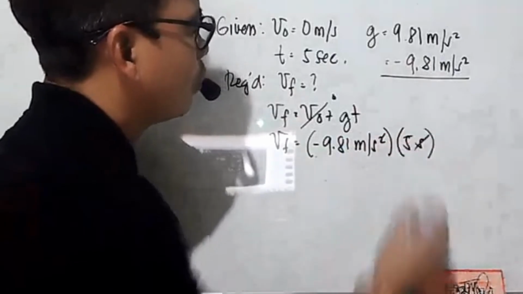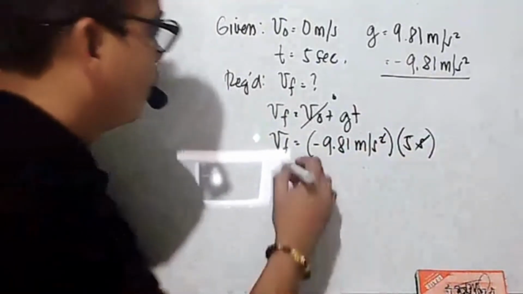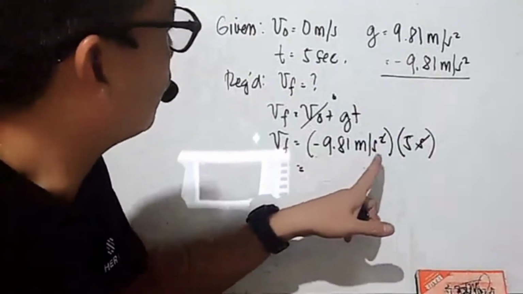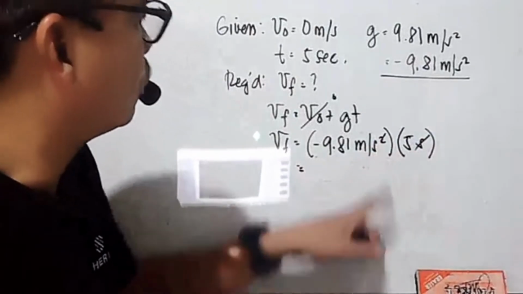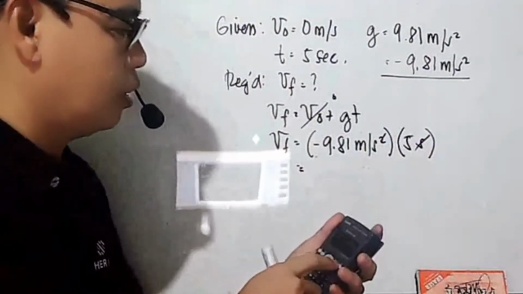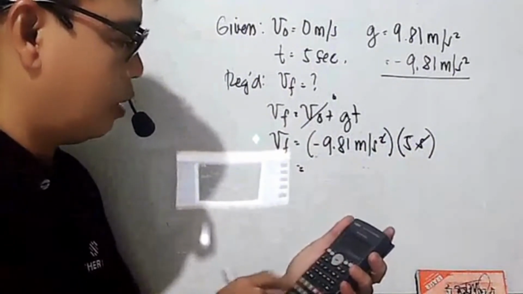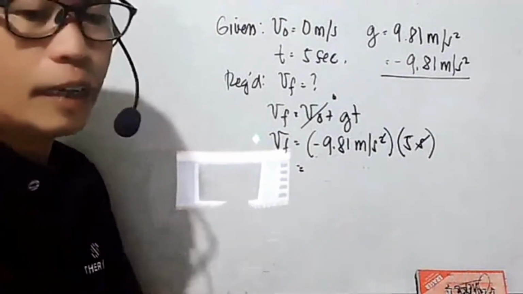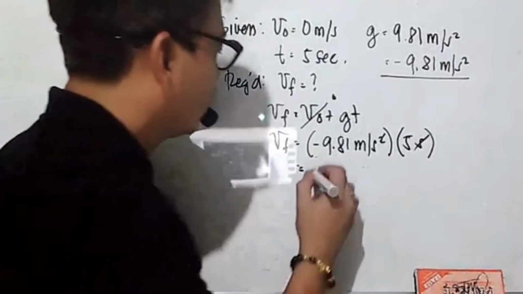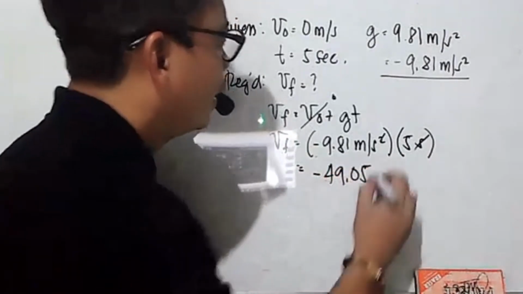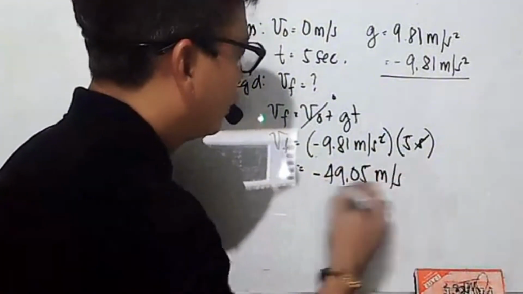Seconds will cancel, so you will have a unit of meters per second. So this is equal to 9.81 multiplied by 5, which is negative 49.05 meters per second.